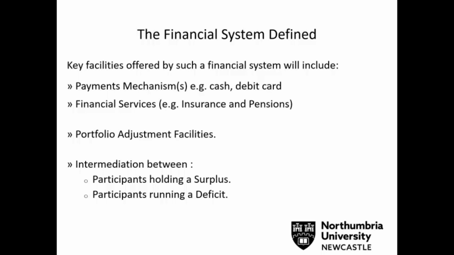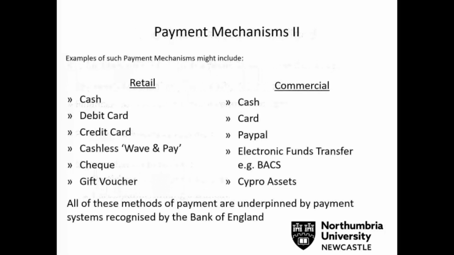Also, the financial system provides portfolio adjustment facilities, and we'll cover that shortly. And the last point is the key point, the intermediation between people that have surplus and the people that hold a deficit, allocating resources efficiently. So we first of all look at the payment mechanisms.